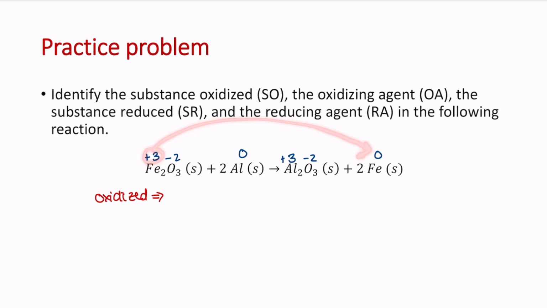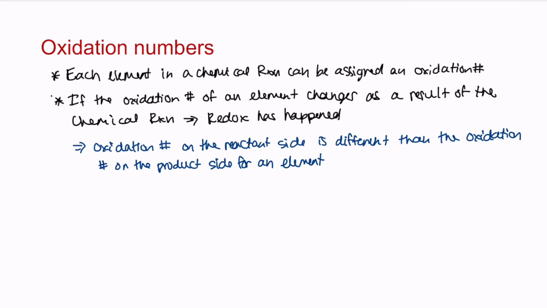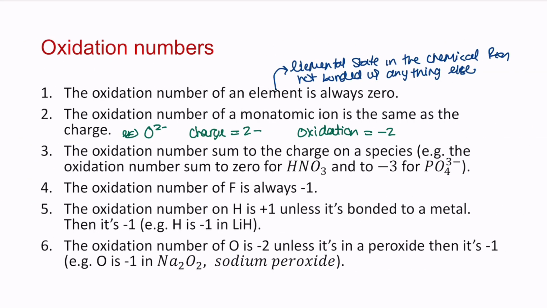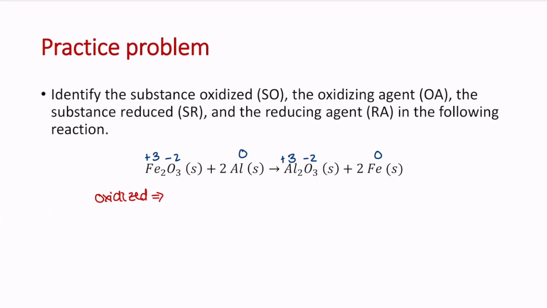So what's going on there? Is it gaining or losing electrons? Well, if we go back to one of our first slides, one element is oxidized and loses electrons, so the oxidation number increases. Iron goes from +3 to 0. That is not an increase in oxidation number, it is a decrease in oxidation number.